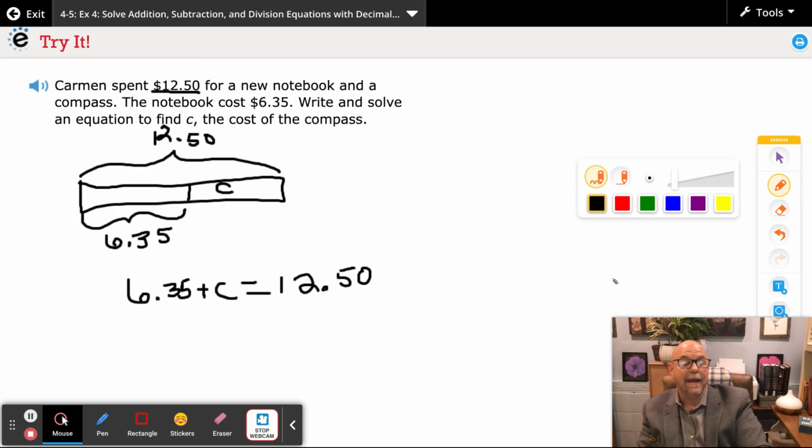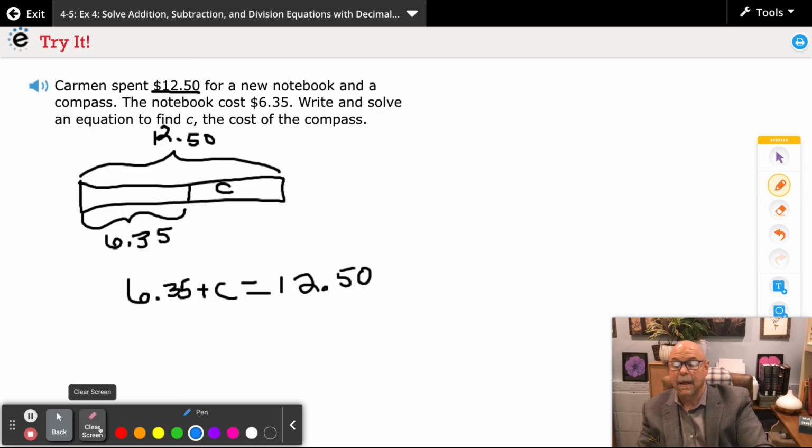Once we have that, we can go ahead and do our inverse operations or our inverse relationships that the book calls it. They're telling us to add 6.35. We're going to do the exact opposite of that, and we're going to subtract 6.35 from both sides.